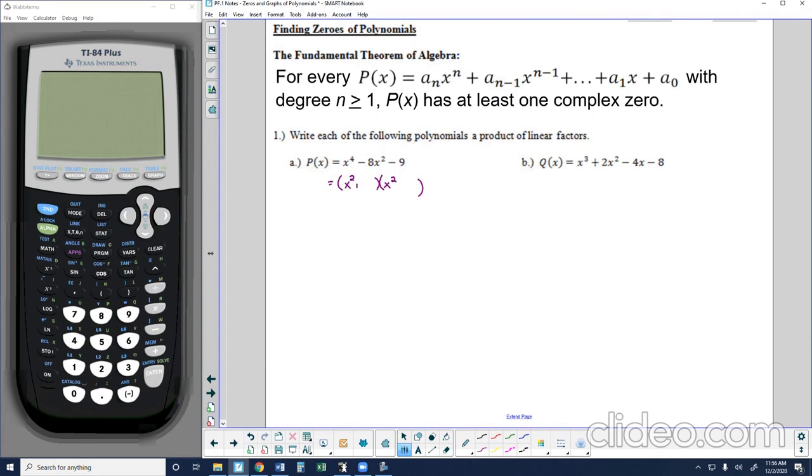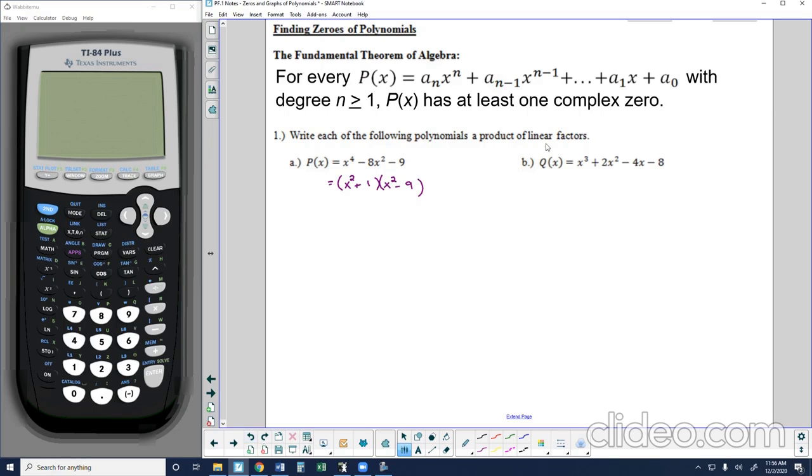So I know that one has to be a positive value, one has to be a negative value. I'm looking for factors of 9 that are going to work, and we would see that positive 1 and negative 9 would work. So if I were to distribute to check this, this would be x squared, negative 9x squared. You add those together, and that does give me a negative 8x squared. So I have factored this a little bit further.